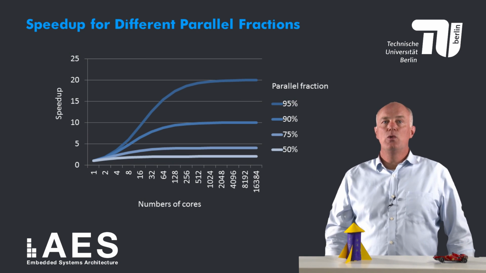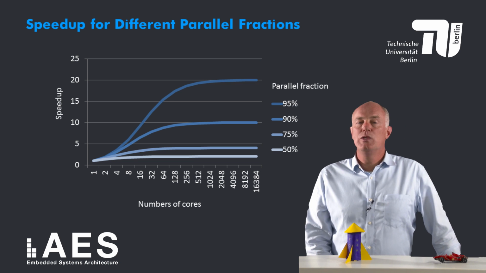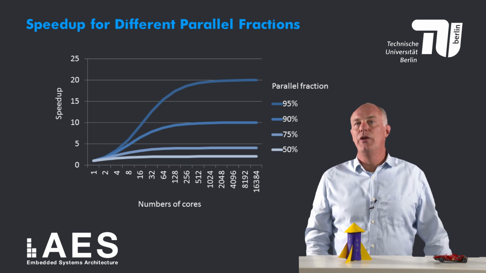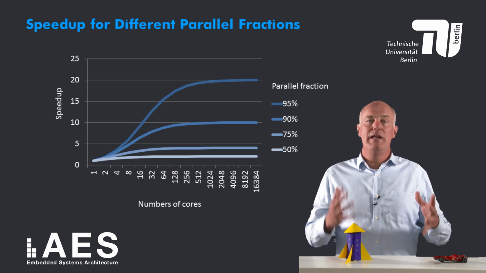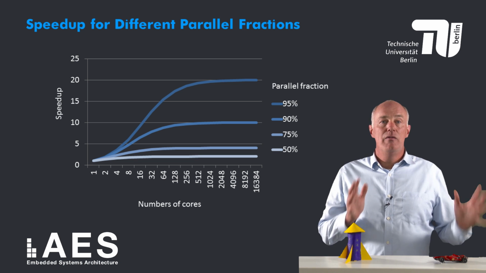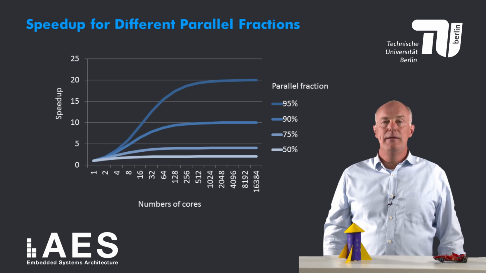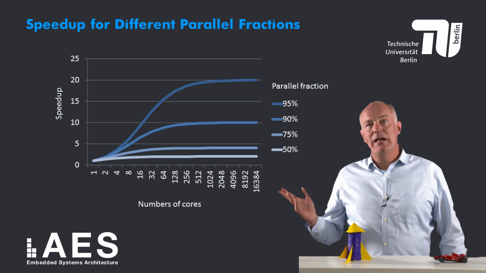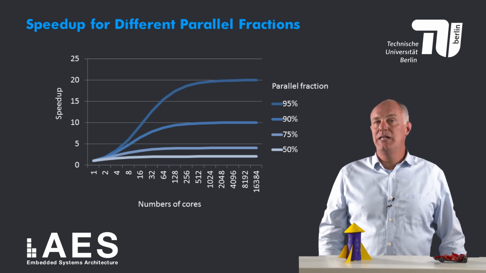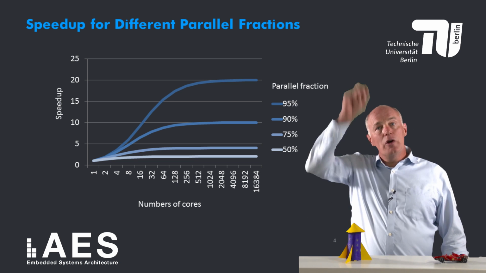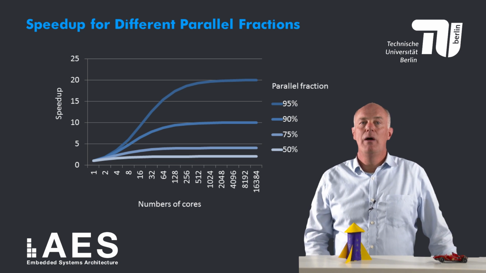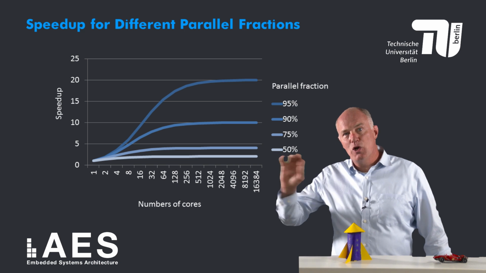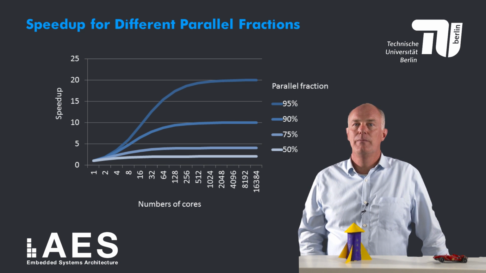This figure shows the speedup calculated using Amdahl's law as a function of the number of processor cores for different parallel fractions: 50%, the purple line, 75%, the green line, 90%, the red curve, and 95%, the blue line. The vertical axis shows the speedup, while the horizontal axis shows the number of processor cores.